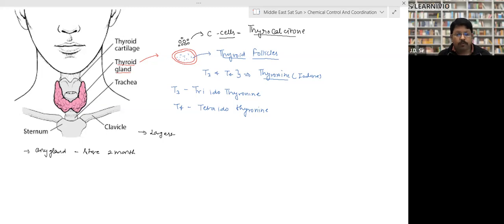The functions of thyroxine are the following. So now note it down.